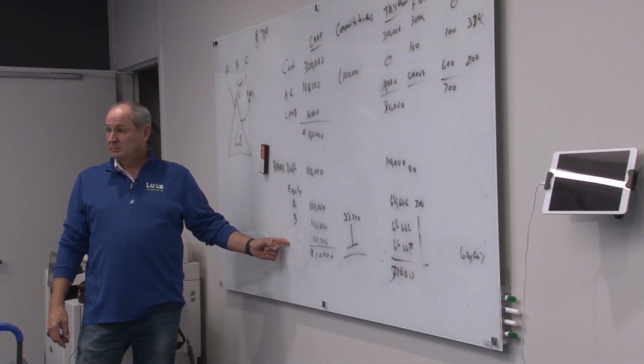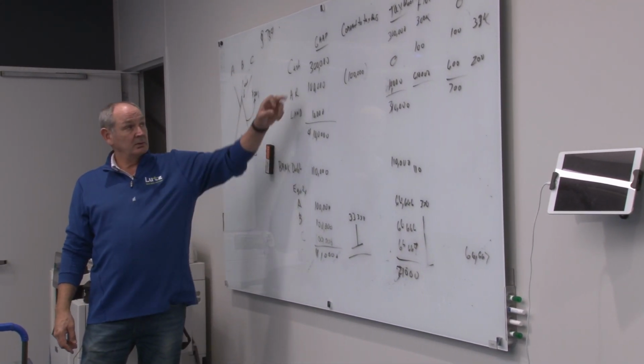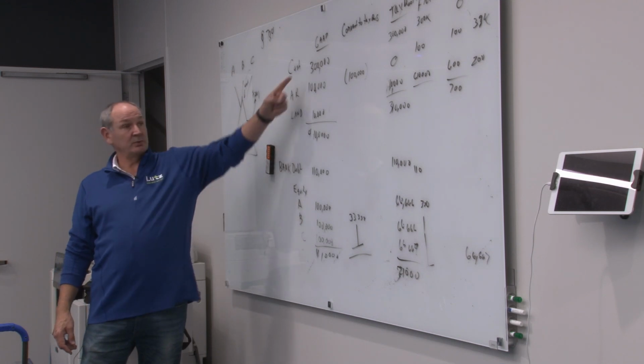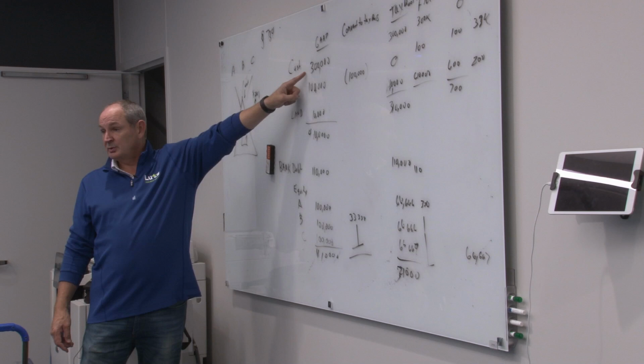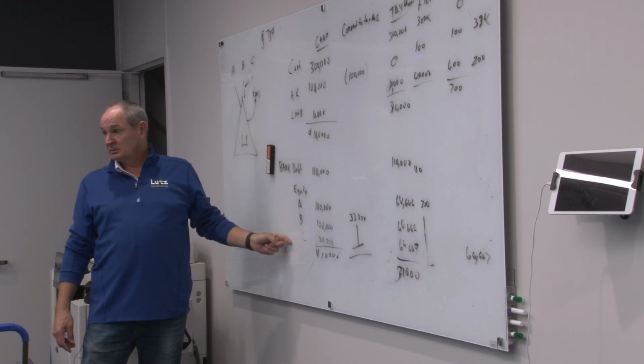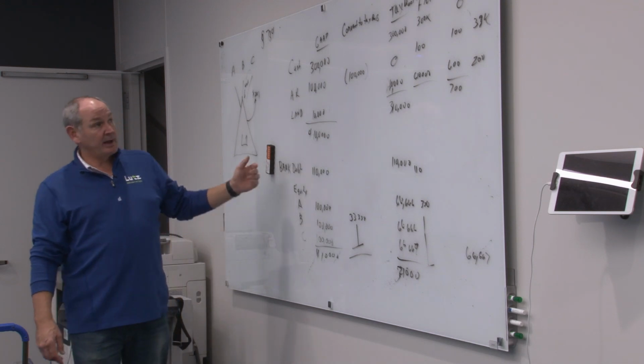Correct. So in this case, you have partner A, B, and C, and they're a third, a third, and a third. A third interest is worth $300,000. The partnership uses $300,000 to buy out C. So let's go back over here.